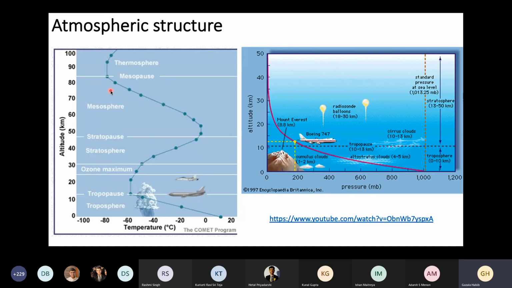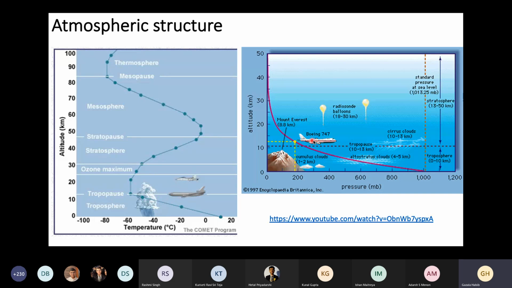Again, the temperature decreases in the mesosphere, and then temperature increases in the thermosphere. Because of this opposite temperature trend in different layers, all these layers do not mingle with each other. On the right hand side, you can see that all the Boeing or aeroplanes fly around 15 kilometers from the Earth surface, just above the tropopause.